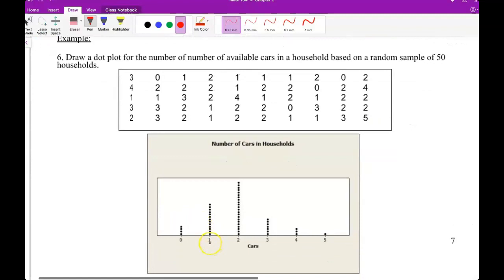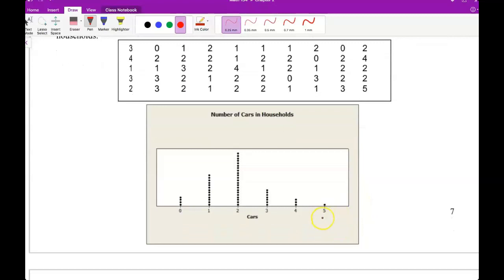For 1 car the frequency was 13, so we have 13 dots here. This one was 22, here we have 7 dots. For 4 cars we have 3 dots: 1, 2, 3. And for 5 cars the frequency was 1, so we have 1 dot above that number.